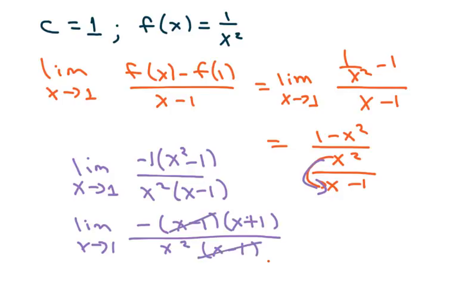This cancels. Now plug in the 1, and we're going to get -1 plus 1 over 1, which is going to yield -2. Pretty simple little algebra tricks here, and that is all.